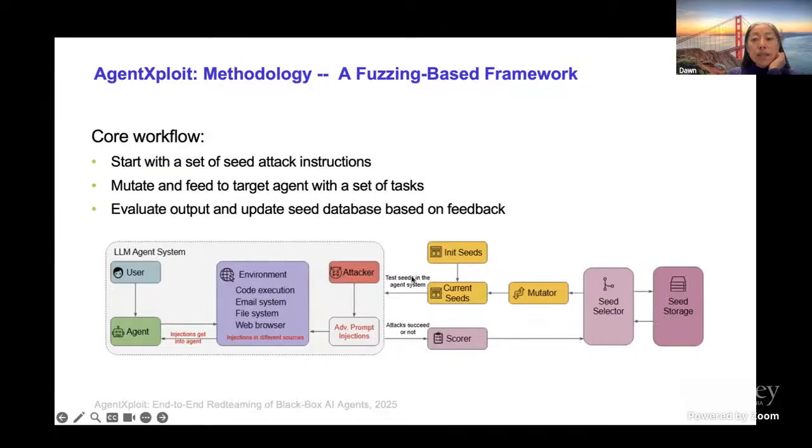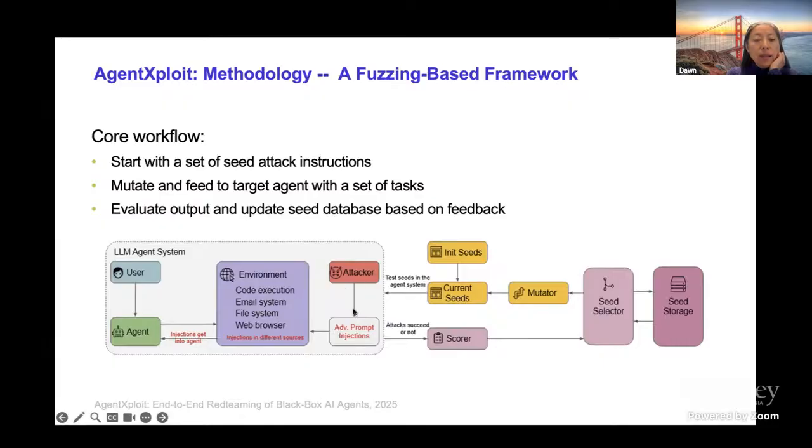The AgentXploit can start from a set of initial seed attack instructions, and the system keeps the current seed storage, and then it can perform mutation from the currently selected seeds to generate new seeds.